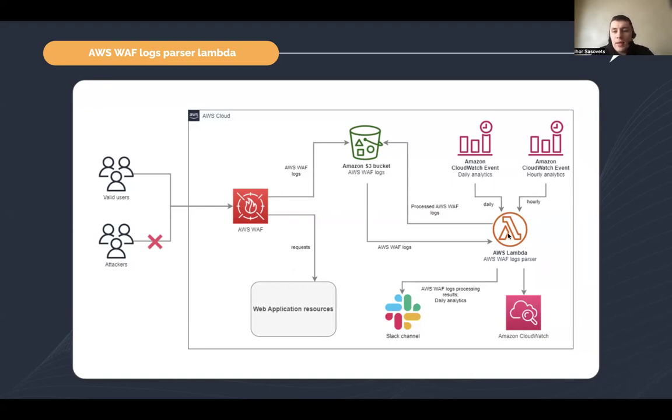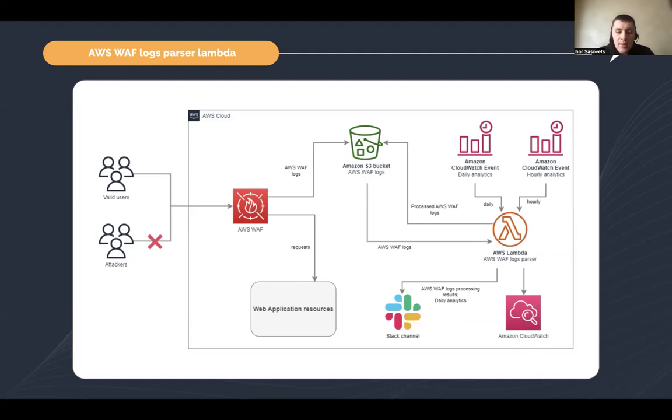Then we have our Lambda function that is triggered automatically by two CloudWatch event triggers. We have hourly analytics that process requests for the last hour and send results of processing to Slack. And we also have daily analytics that provide more enhanced information and contain results for the last 24 hours, so we are able to understand what was happening during these 24 hours.